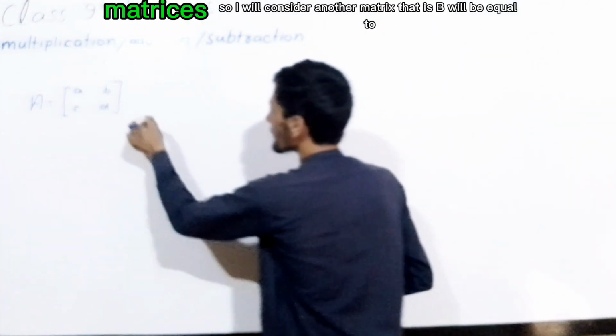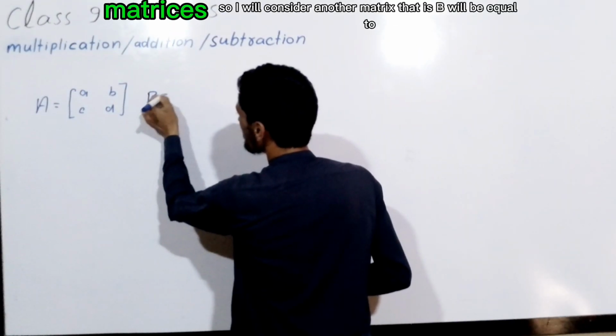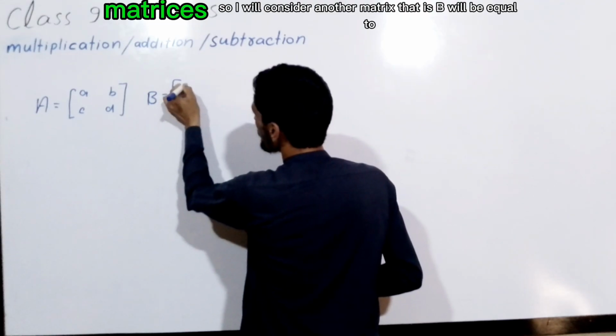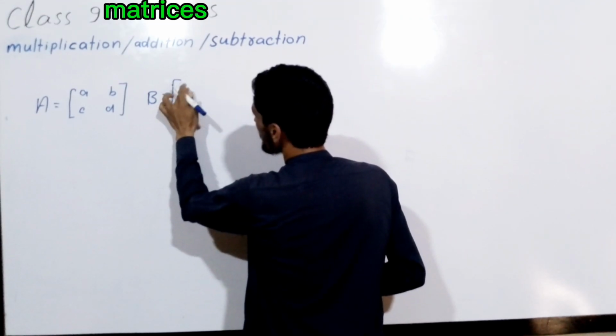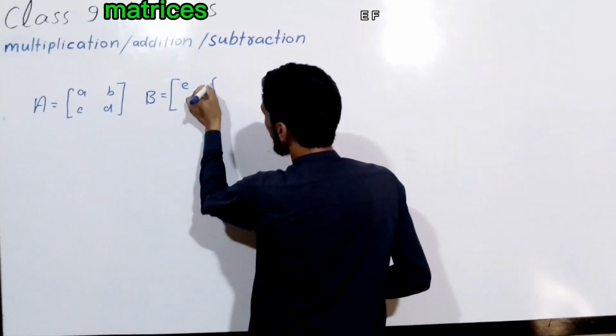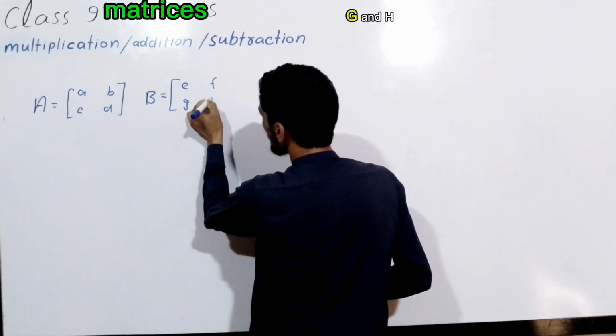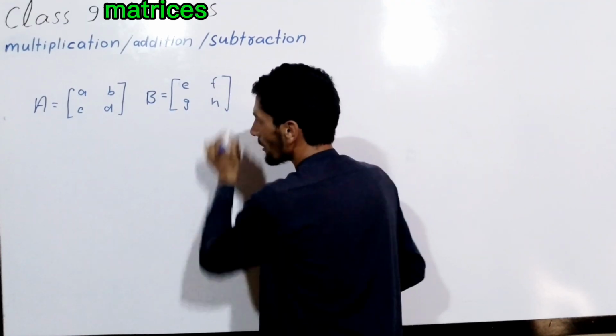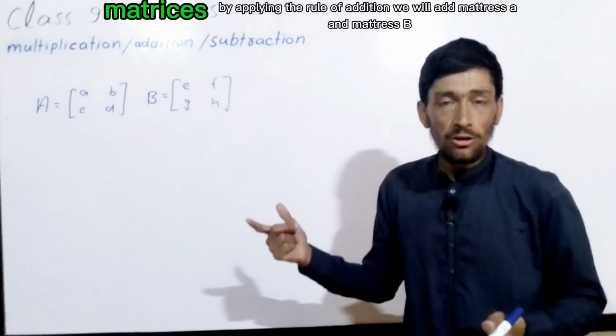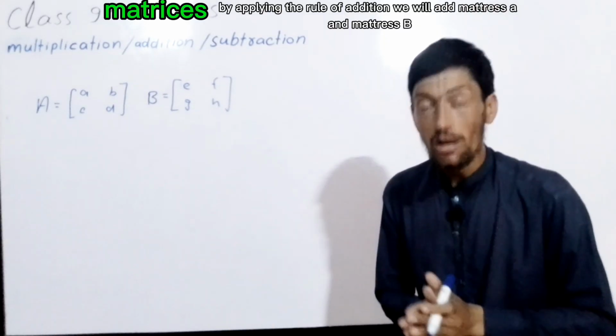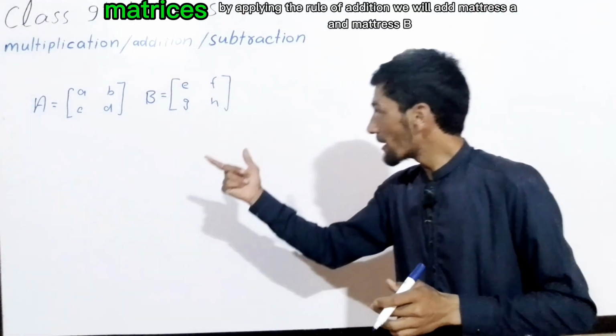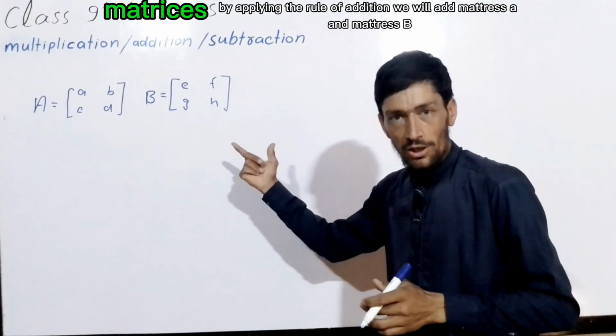So I will consider another matrix B equal to E, F, G and H. By applying the rule of addition, we will add matrix A and matrix B.